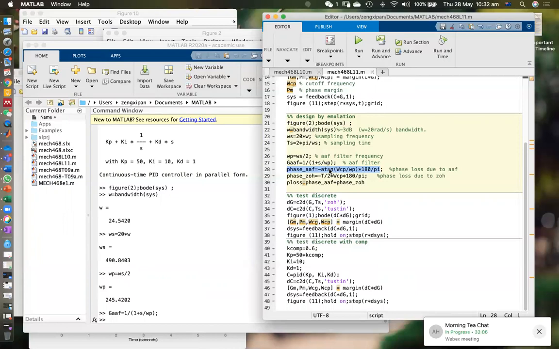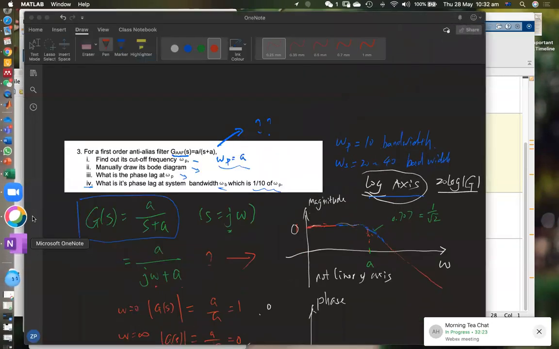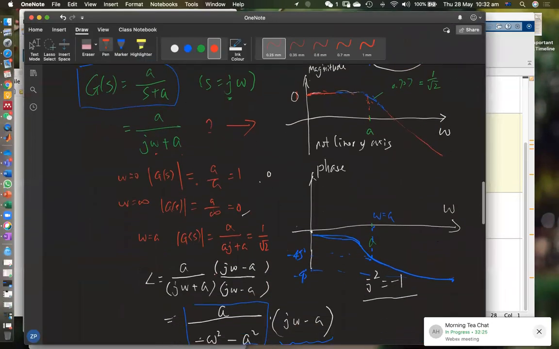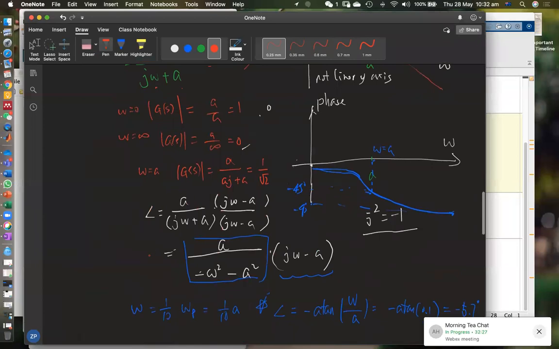So it's negative arctangent of omega CP, our crossover frequency, over omega p, the filter frequency. So if you go back and look at this one, what's the phase loss is this, right? That's this thing.